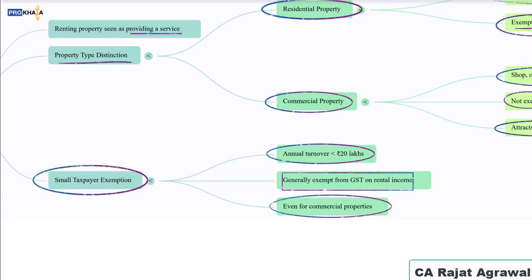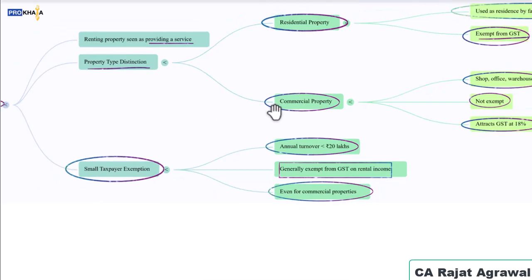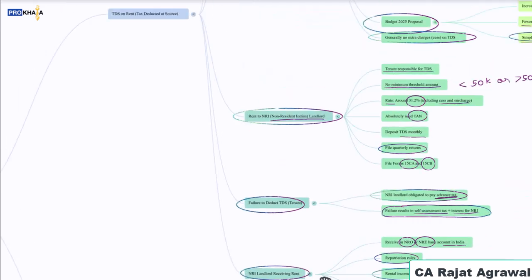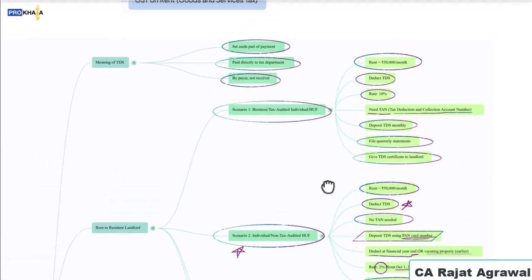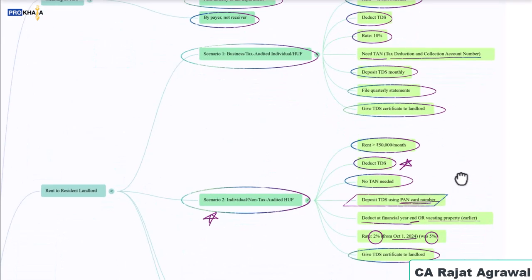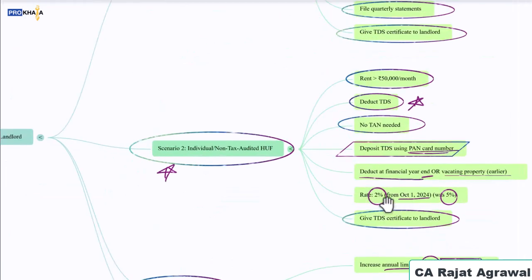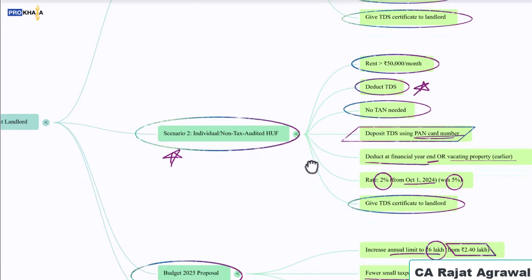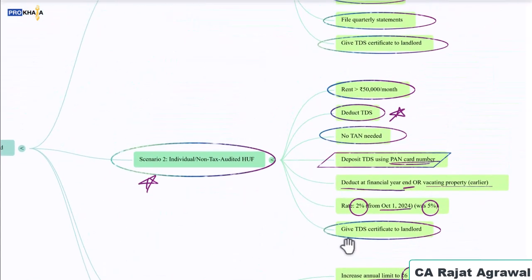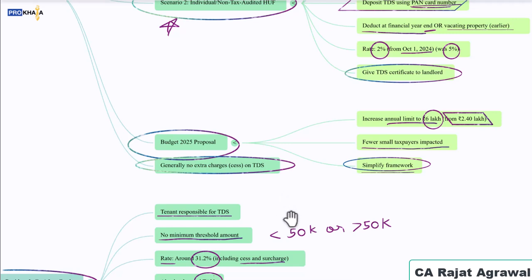So, to sum up the rent part, TDS on rent for residents depends on who is paying and the monthly rent amount. The rate for individuals and non-audited HUFs is now 2% for monthly rent over 50,000 rupees from 1st October 2024, deducted annually or at vacancy. The annual limit for TDS liability might increase to 6 lakh rupees per year as proposed.